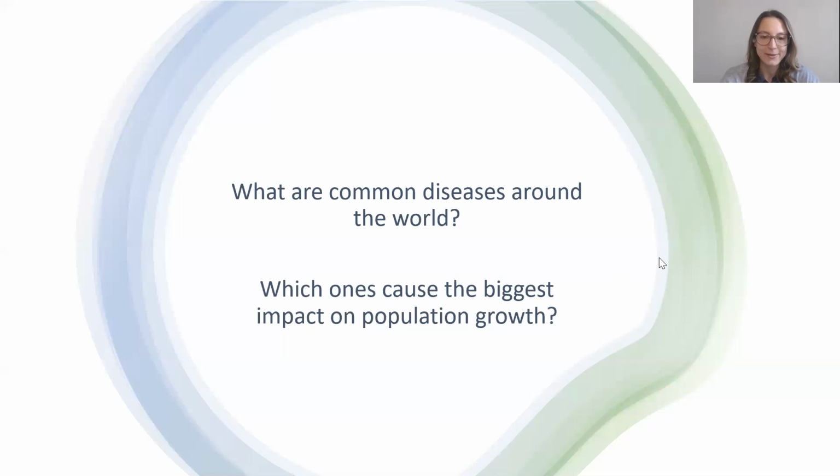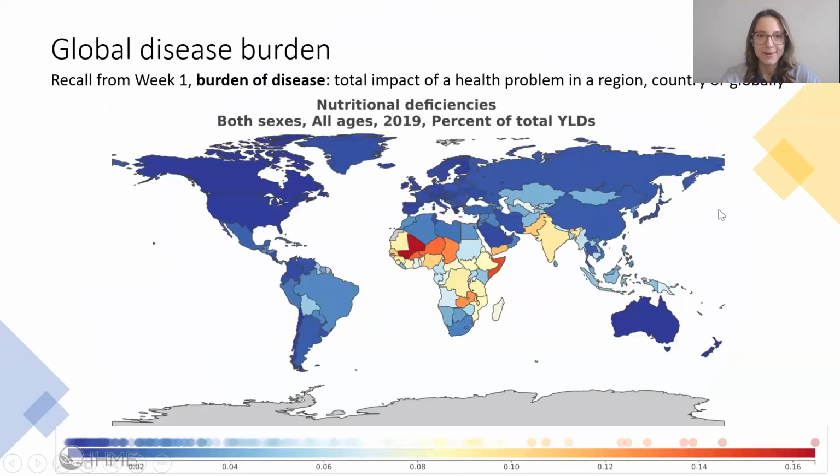Well, let's take a look at one of those diseases. So this concept of the global disease burden comes back to us. We talked a bit about this back during week 1. So the burden of disease is the total impact of a health problem in a region or a country. And usually it's a sum of mortality or morbidity or some kind of economic statistic. Sometimes it's all 3 of those.